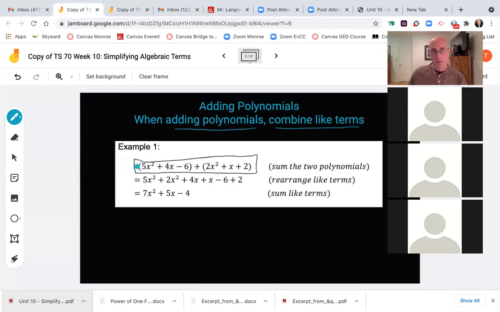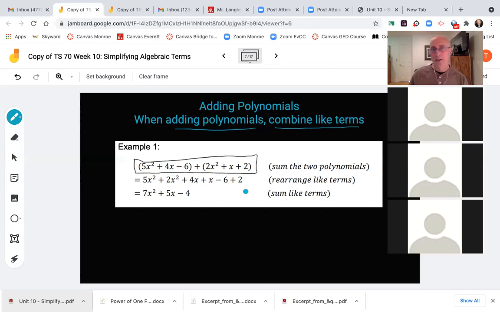See this in parentheses here. You see how it's in parentheses right here, okay? 5x squared plus 4x minus 6. This is a polynomial. It's technically a trinomial, but it's all one polynomial. And then you're adding another polynomial. See how it's in parentheses, delineating it as a separate polynomial, okay? So we're adding these two.